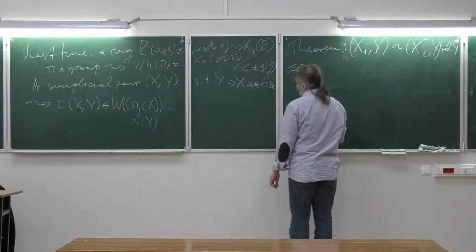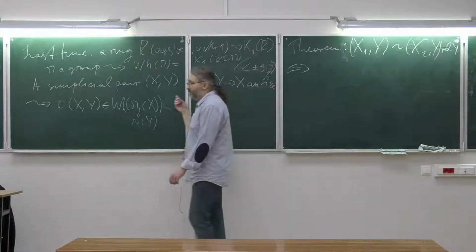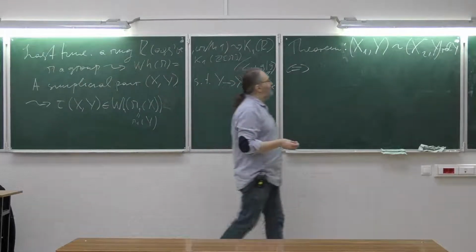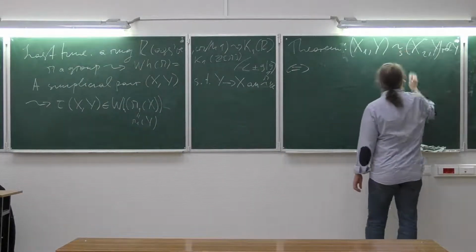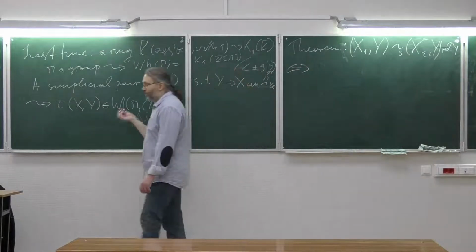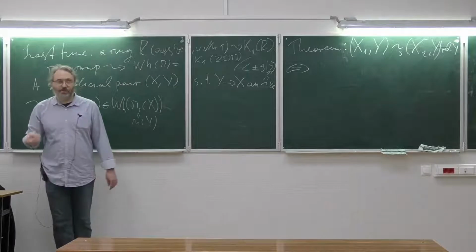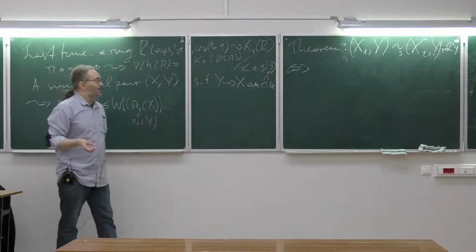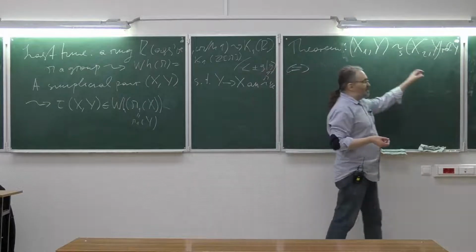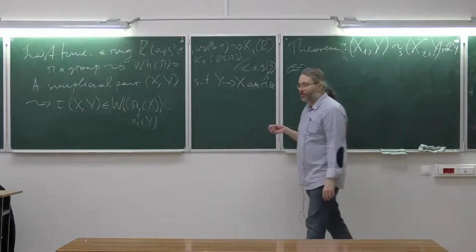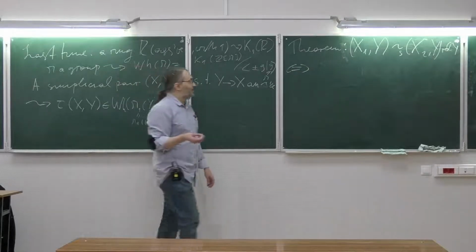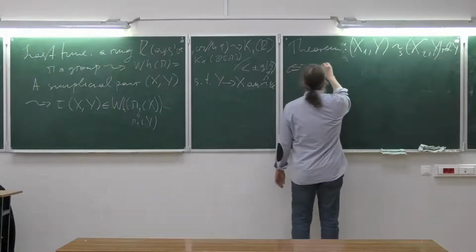Suppose we have two simplicial pairs such that this second component is the same. Let's also assume that both inclusions are homotopy equivalences. Then these two pairs are simple homotopy equivalent relative to Y if and only if the torsions are the same.